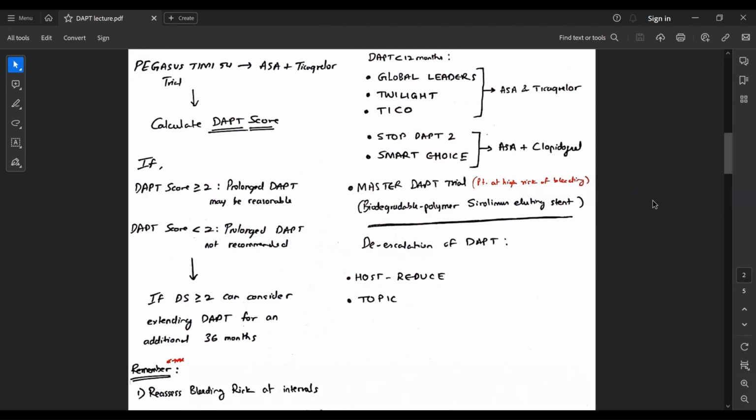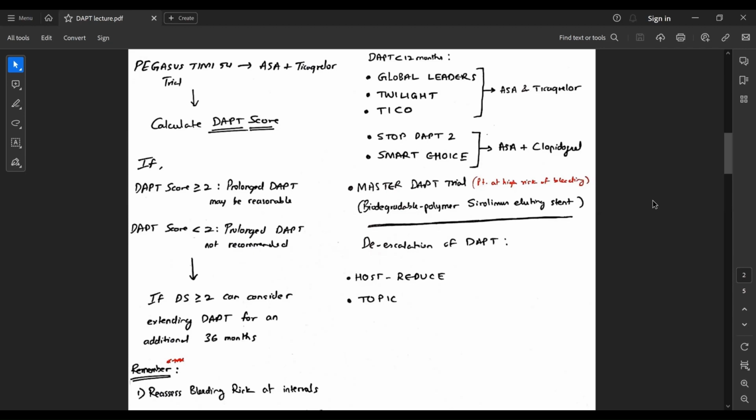Now, when it comes to de-escalation of DAPT, there are two studies that I wanted to discuss. The first is the HOST-REDUCE-ACS trial that was done in South Korea on about 2,300 patients, all of them with acute coronary syndrome, and they compared the use of DAPT with aspirin and prasugrel 10 milligram with the experimental group where the dose of prasugrel was reduced to 5 milligram after 1 month, and this DAPT was continued for 12 months with a lower dose of prasugrel, that is the additional 11 months in the experimental group.